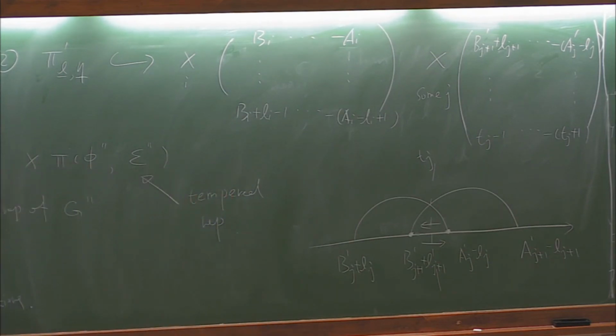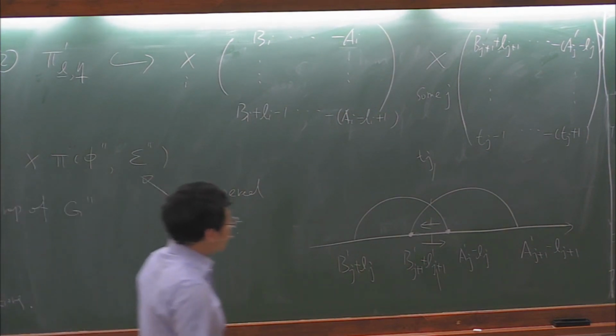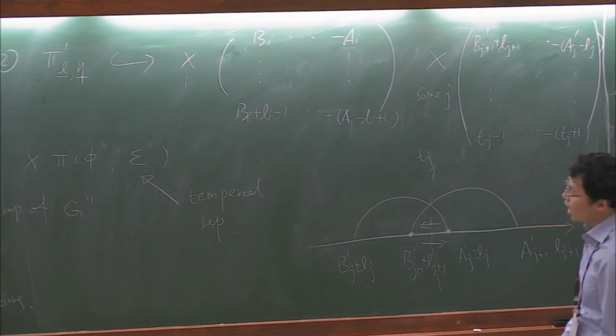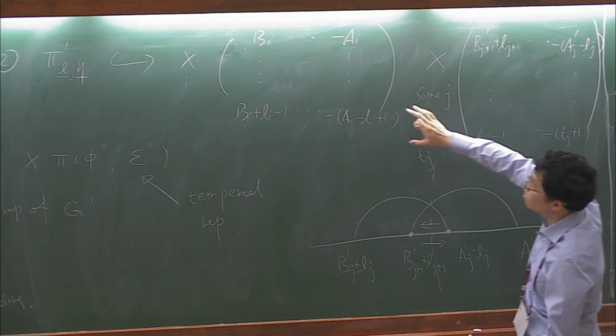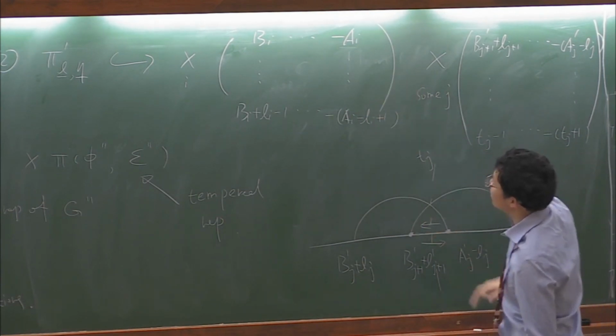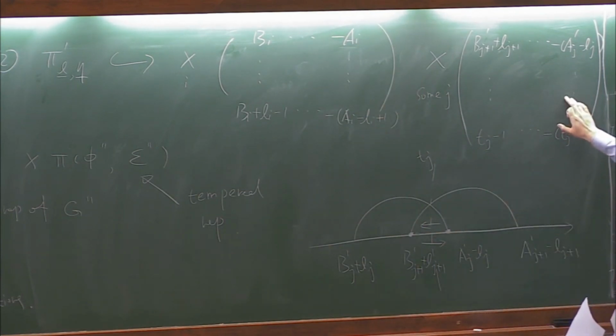Okay. And then finally, even though I write it like this, where you have tempered representations, all these are not tempered. They are Speh representations, and also shifted. You can actually easily write down the Langlands parameter from this.